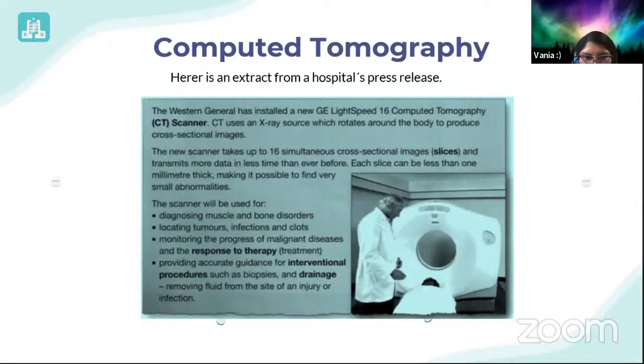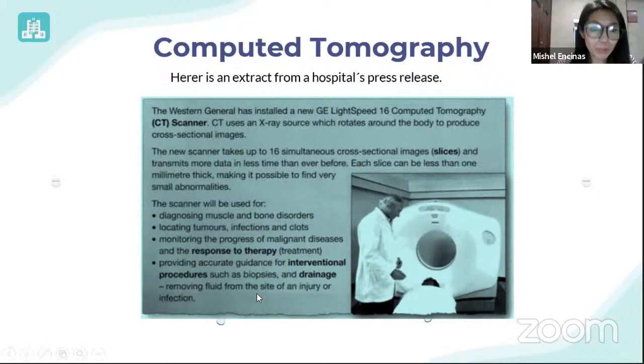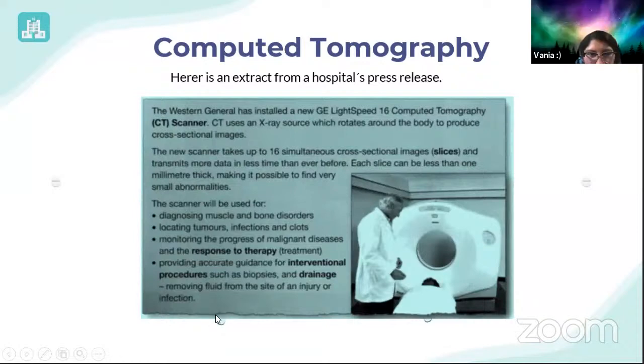Thank you, Miss. Ale: Drainage is the same as drenaje. Drainage. It's removing fluid from the site of an injury or infection. Yes, it is. But remember this definition: removing fluid from the site of an injury or infection.